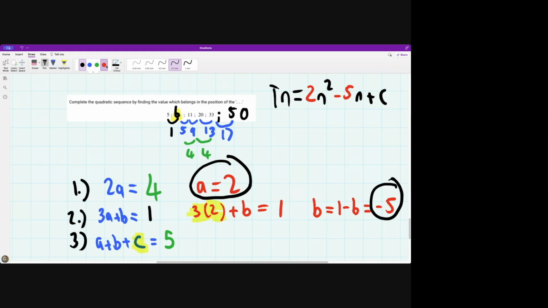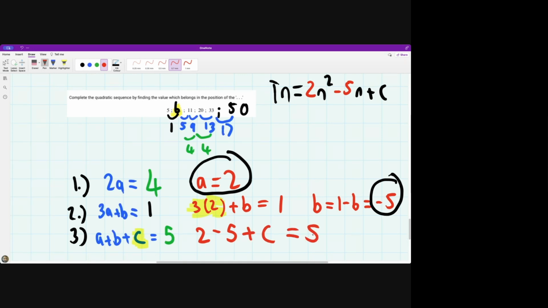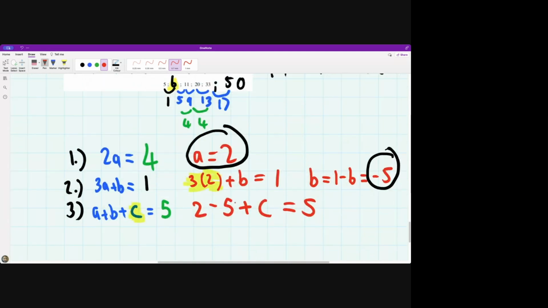So I'm going to take a, which is 2, minus 5, which is b, plus c is equal to 5. I know that c will then be equal to 5 plus 5 minus 2, which is 8.